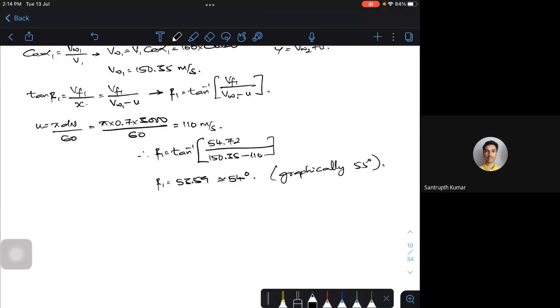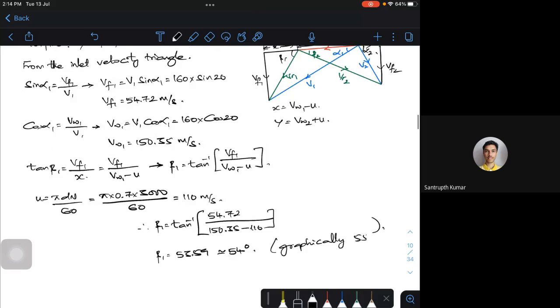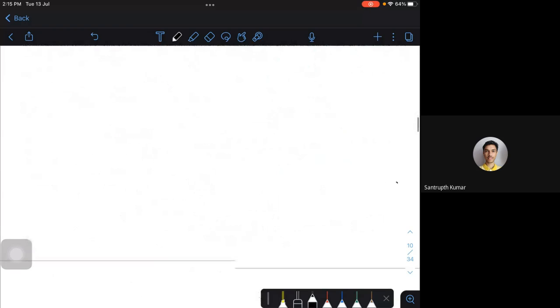Okay, next. Now, second thing is actually I need to find the tangential force. What is your tangential force actually? The tangential force is your mass flow rate into the velocities in the tangential direction, that is VW1 minus VW2. Beta 1 we have found.